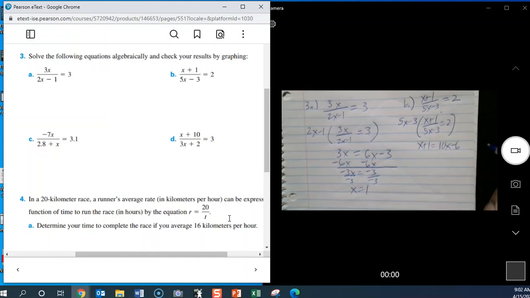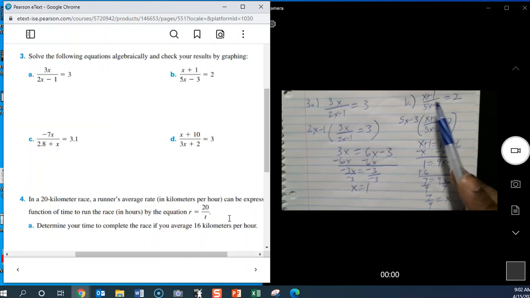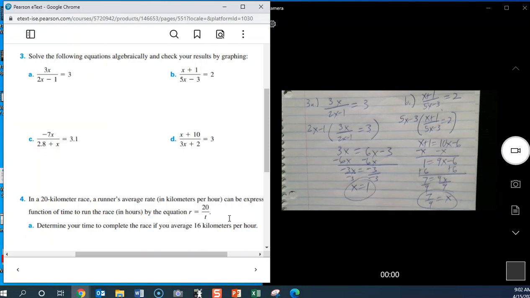Now we get all the x's on one side. We can subtract x on both sides, and we have 1 is equal to 9x minus 6. We can add 6 to both sides, and we have 7 is equal to 9x. We can divide each side by 9, and 7 ninths is equal to x. When you put 7 ninths back into the original problem, it doesn't make this denominator 0, which would make it impossible or undefined. So that is your final answer.